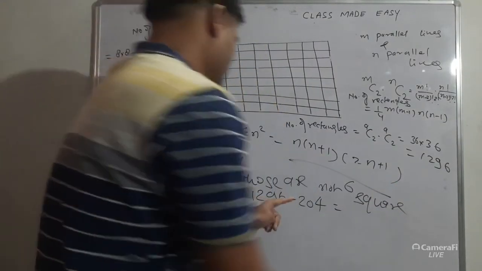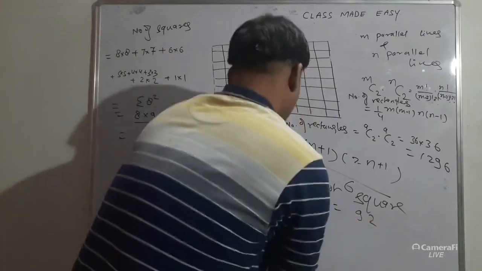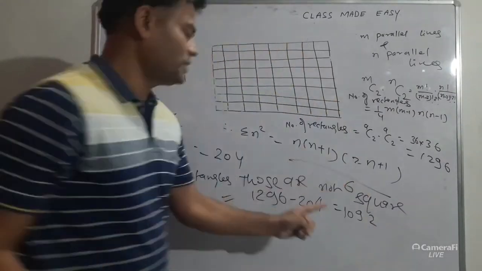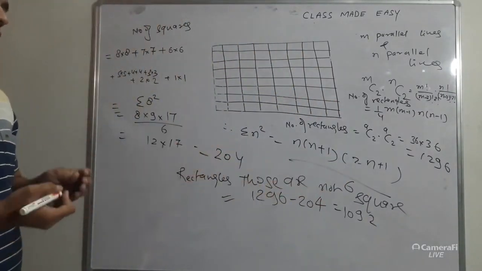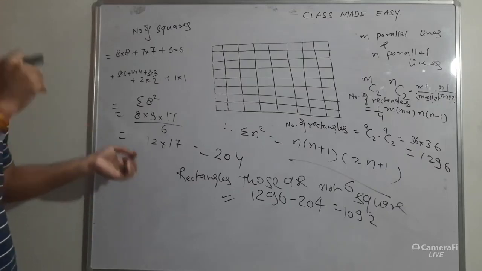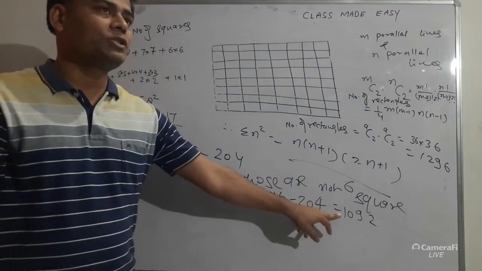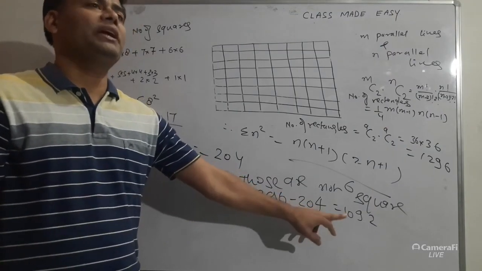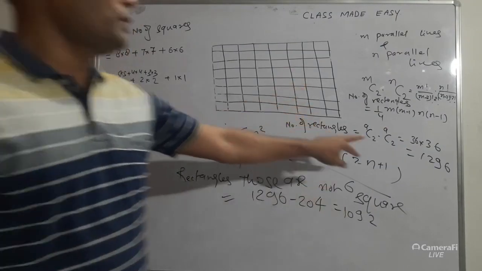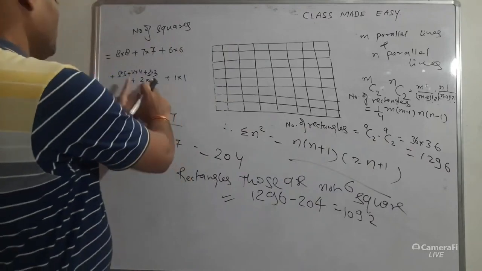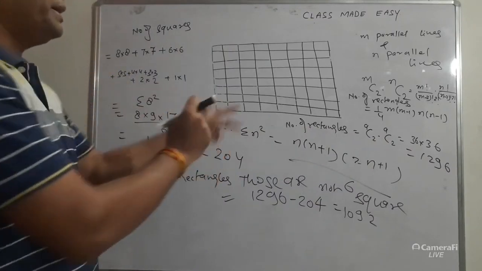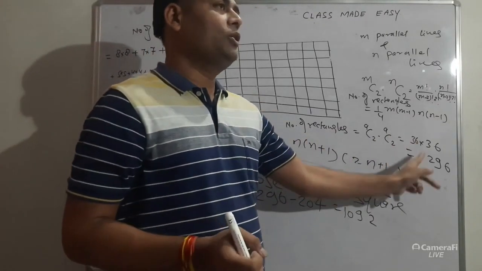It is 1092. So see students, this is 1092, meaning pure rectangles in which squares are not there. And total squares, this is 204. And the number of rectangles are 1296.